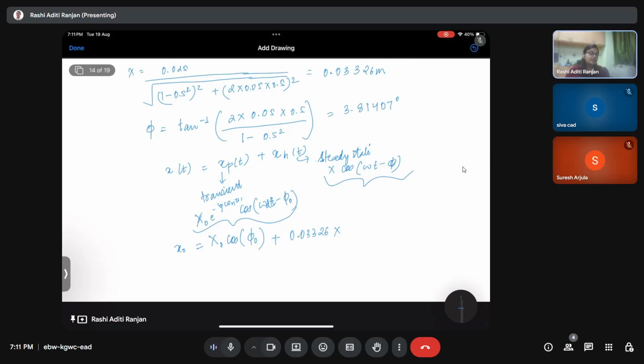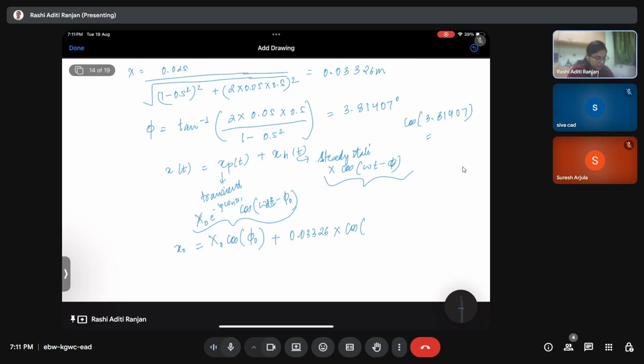Phi we have as 3.81407 degrees. So cos of 3.81407 is nothing but, it comes out as, okay, I've not written the value, but it will come out as a value.